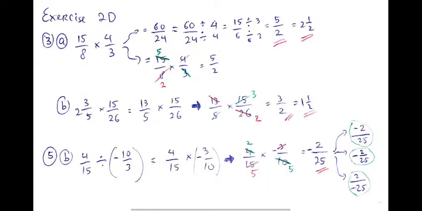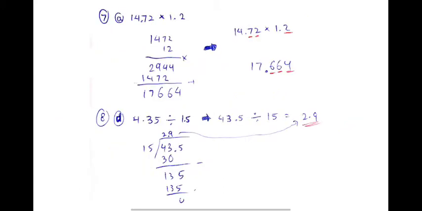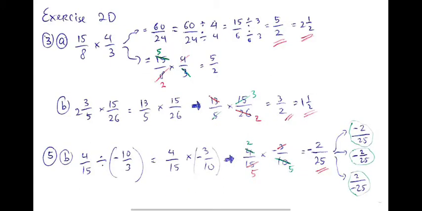And then for number 3, now number 3 is just like multiplication of fractions. So for 15 over 8 times 4 over 3, there are 2 ways you can do this. Firstly, just times the top one, the numerator, and then you also times the denominator, and you get 60 over 24, and then you just simplify it.